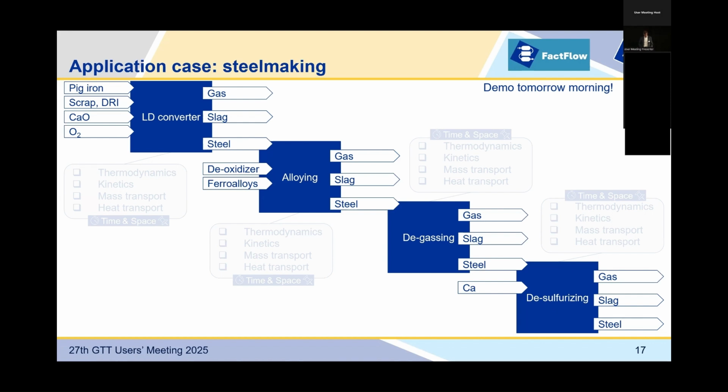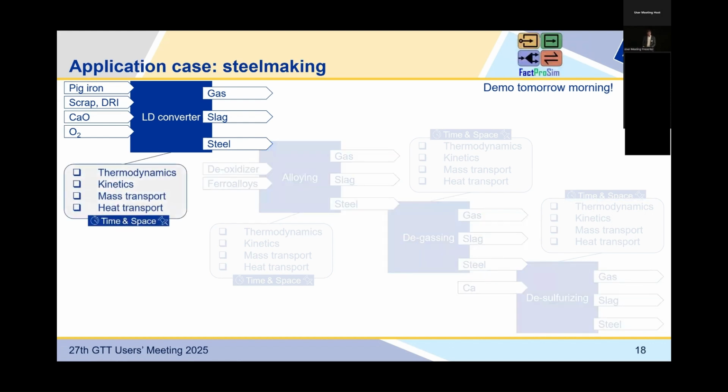Yeah? The FactProSim, on the other hand, is a very nice tool if you want to look into the complexity of the processes in one individual process. So if you want to treat in an effective manner, not in the most detailed manner, but in an effective manner, the heat and mass transfer, the reaction kinetics, and of course the thermodynamics, then FactProSim is the right tool to do that.